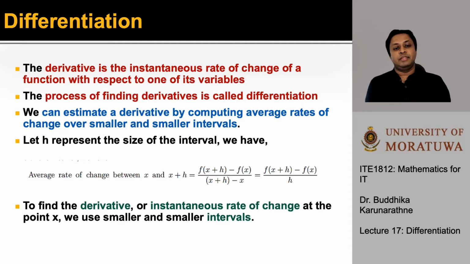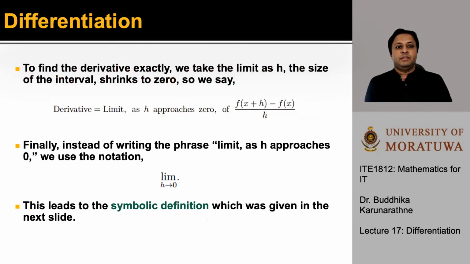To find the derivative, or instantaneous rate of change at point x, we use smaller and smaller intervals. To find the derivative exactly, we take the limit as h, the size of the interval, shrinks to 0. So we say the derivative is the limit of this function as h approaches 0.